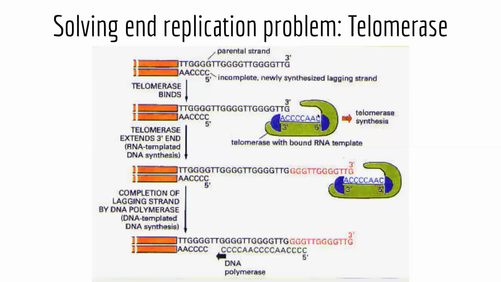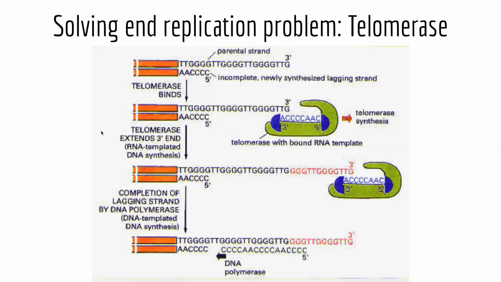Oh, yeah. Right. So it brings over this template. And because there's a 3' end available right here, there's a special protein that does DNA polymerase based on RNA information, and it's going to do reverse transcriptase.